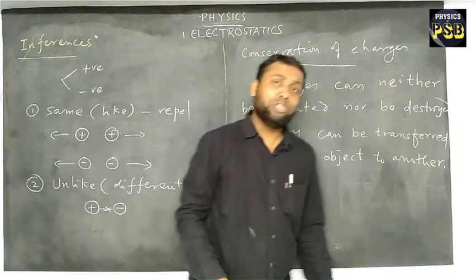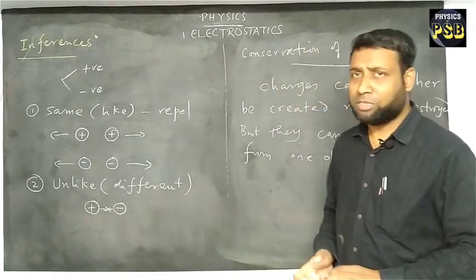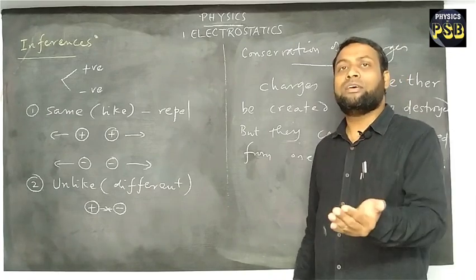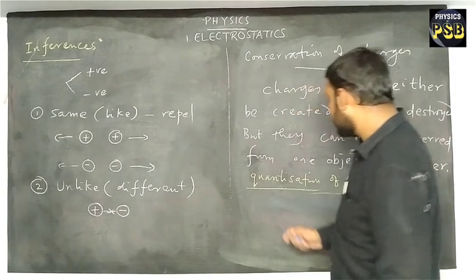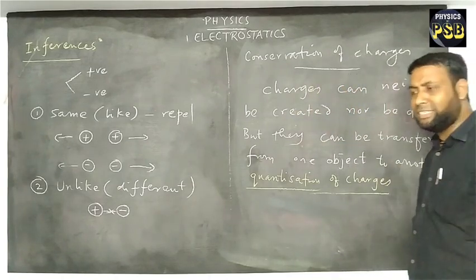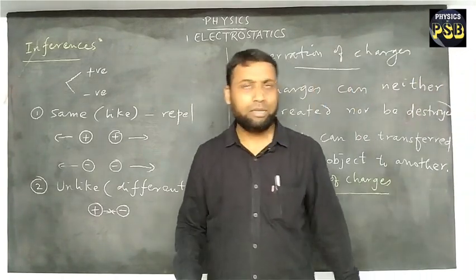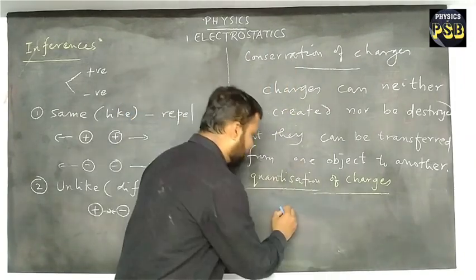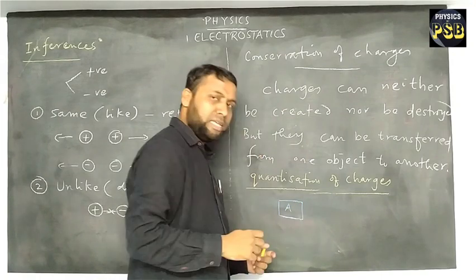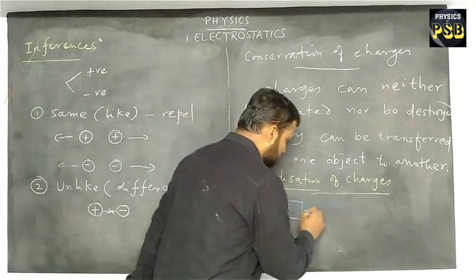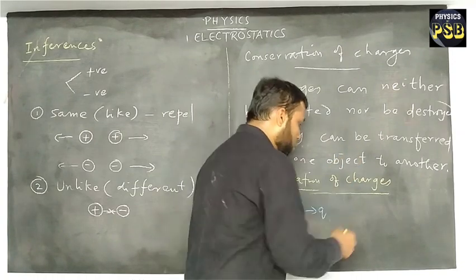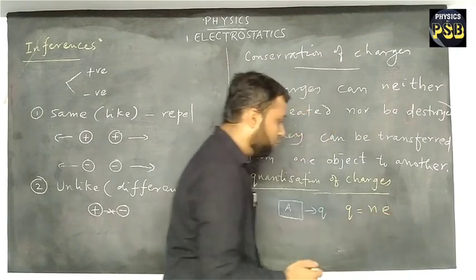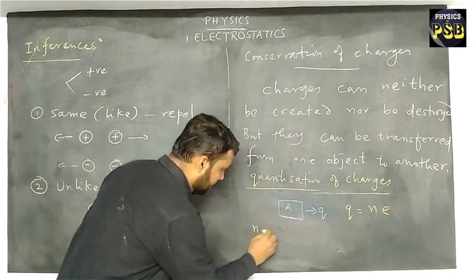This concludes that the number of charges present in the universe is fixed. It's constant. It is not going to increase, as well it is not going to decrease. Next is the quantization of charges. It says that charge present on any object is the integral multiple of fundamental charge E. Suppose I have an object A and the charge of this object is Q, then Q will be written as an integral multiple of E, where N is an integer.